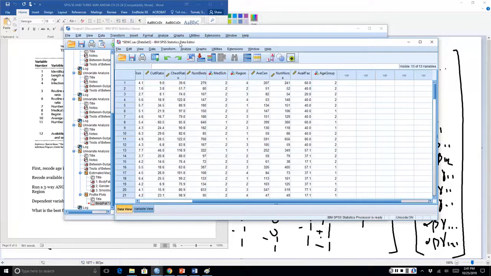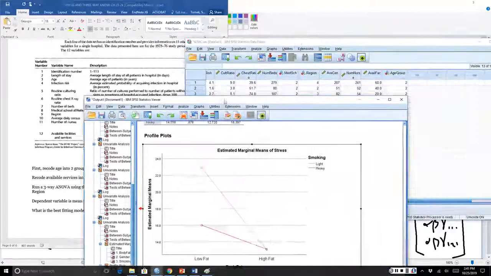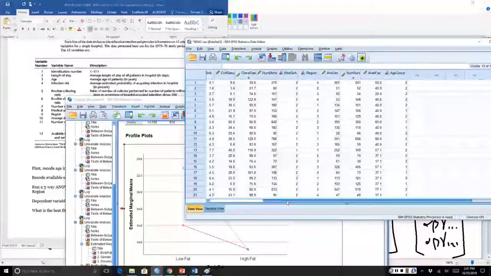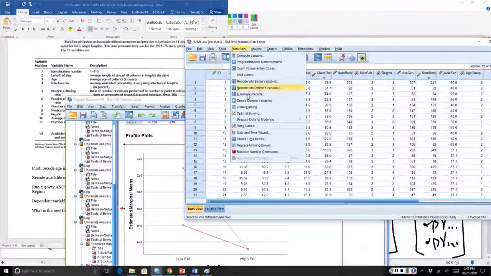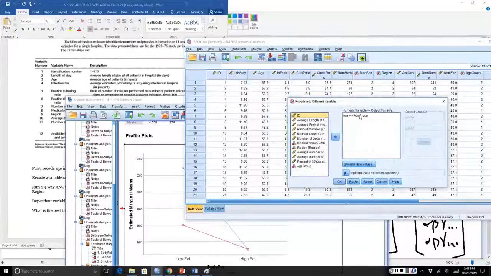Then I'm going to recode services into two groups, available services. So Transform, Recode into Different Variables. Let me reset that. The services.